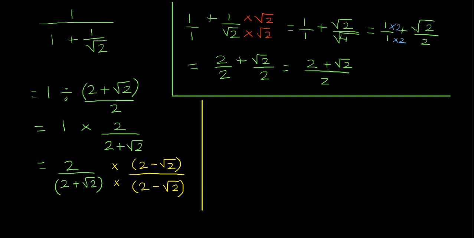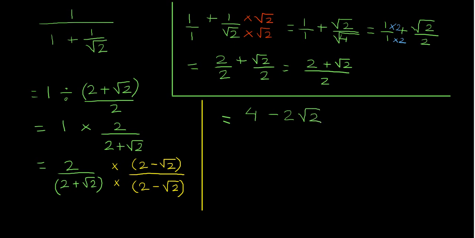Okay, so 2 times, let me see. I'm going to multiply this 2 with this 2, and that 2 times 2 is going to give me 4. Then I'm going to multiply the 2 with the minus root 2, and that is going to give me minus 2 root 2.